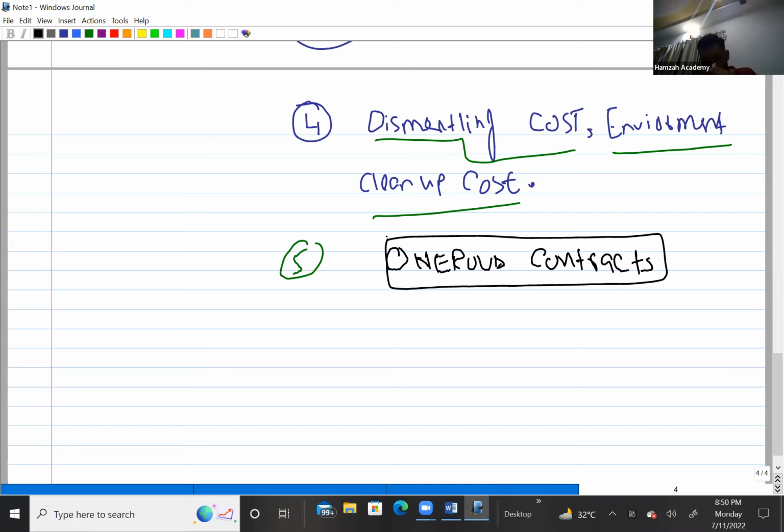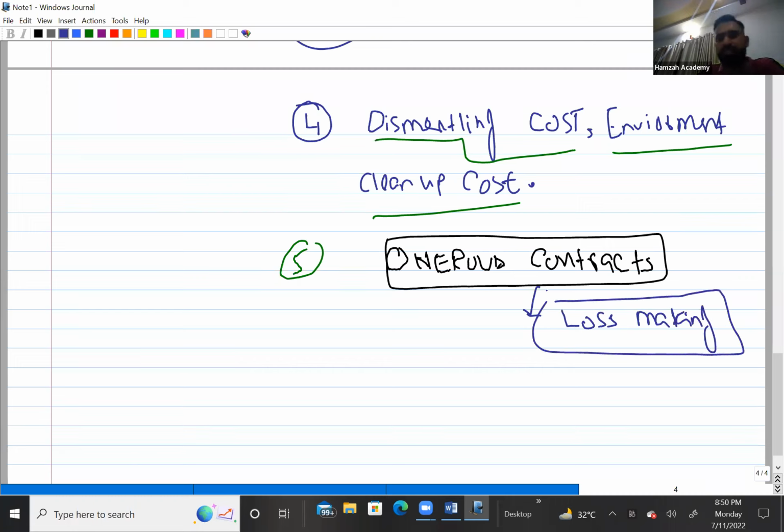Onerous contracts. Loss making. Contracts which are expected to make a loss. Such contracts are known as onerous contracts.